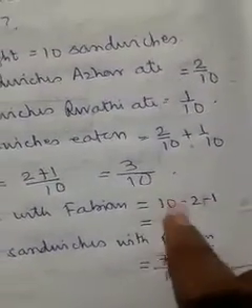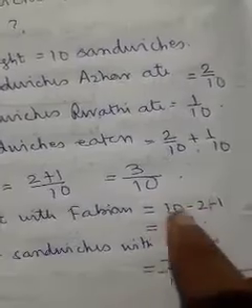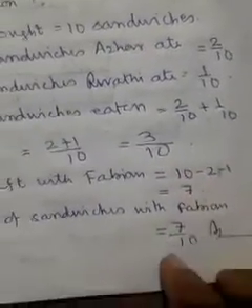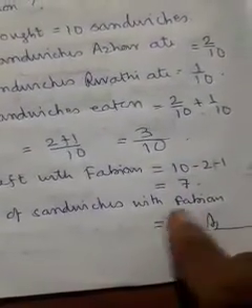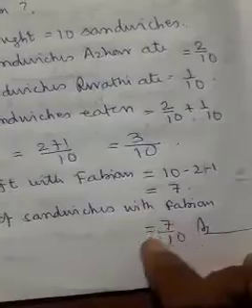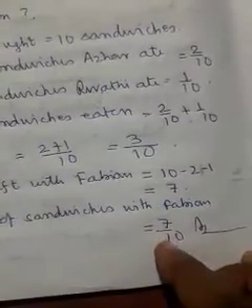So total sandwiches left with Fabian is 7. And when we change it into a fraction, because the total number of sandwiches is 10, it will become 7/10. I hope you have understood. Please watch, all of you, and write down this one.